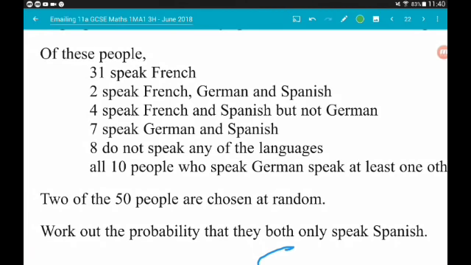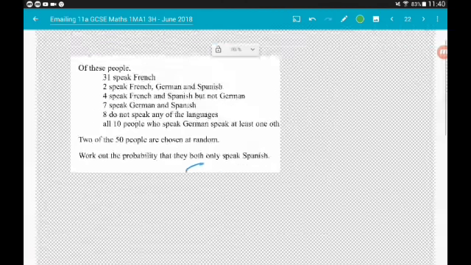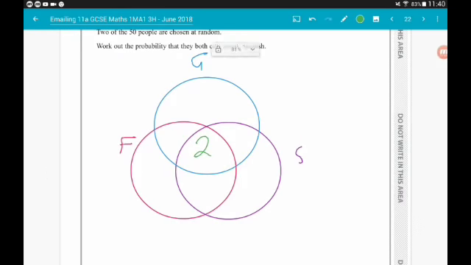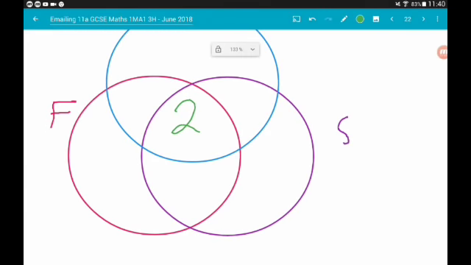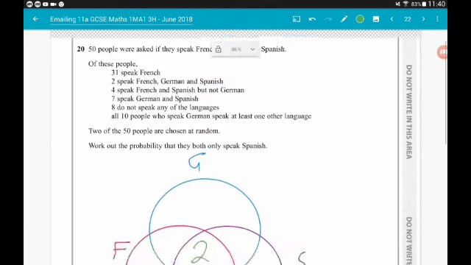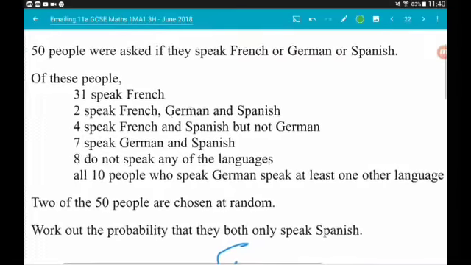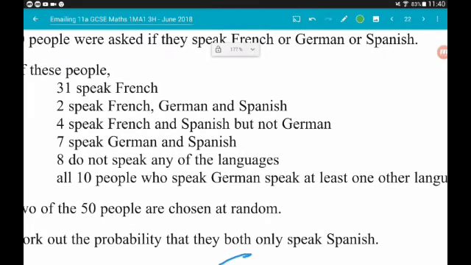4 speak French and Spanish, but not German. So we can put those in down there. Okay, we're told 7 speak German and Spanish. Now be careful here, because that's not saying, but not French.